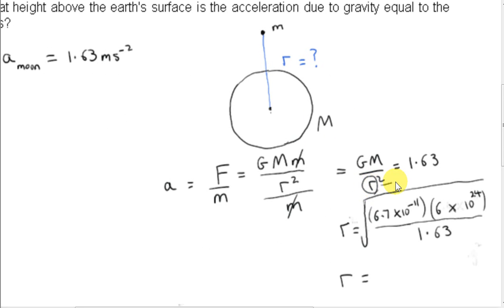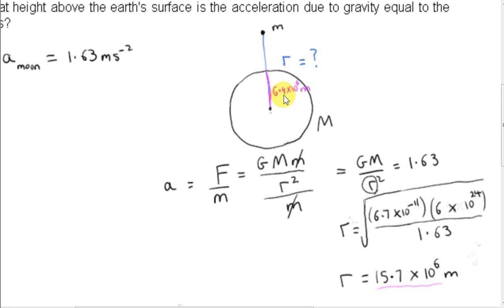So it's only a matter of solving this equation for r. To find r, we just interchange r squared with 1.63 and take the square root. I've filled in for capital G and capital M the mass of the Earth. We get 15.7 by 10 to the 6 meters, 15.7 million meters. So for one thing, this distance is a lot greater than the radius of the Earth, as we'd expect.